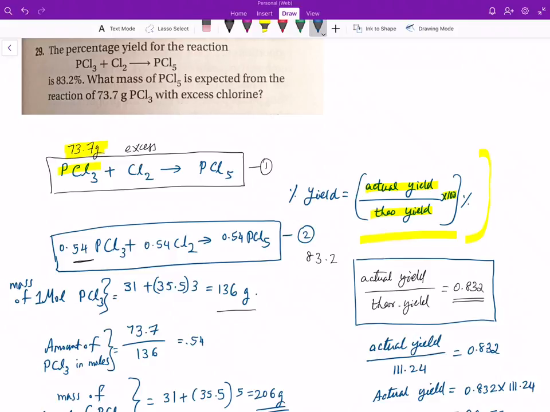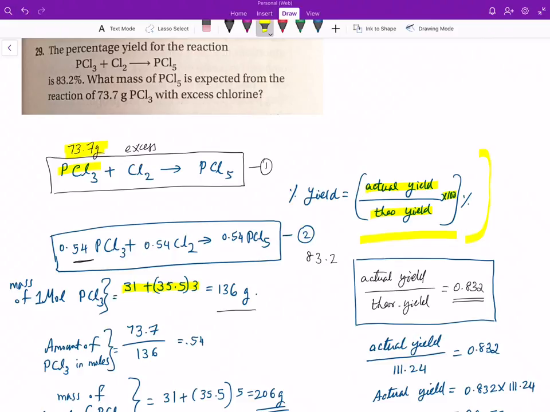Okay. Chlorine is 35.5. So we have 3 chlorines, so 35.5 times 3. Right? So when you add 31 and 35.5 times 3, you will get 136. So the mass of PCl3 molecule is 136 atomic mass unit.